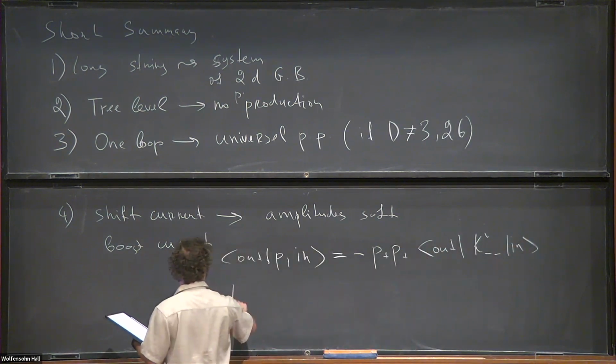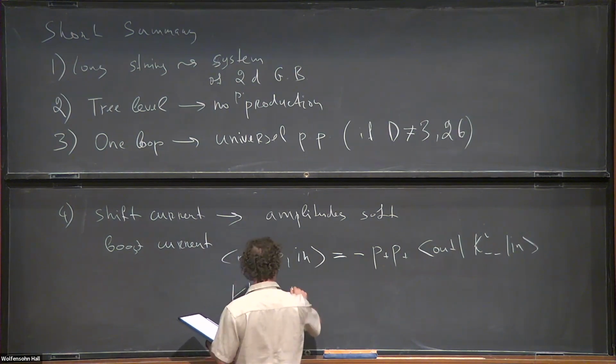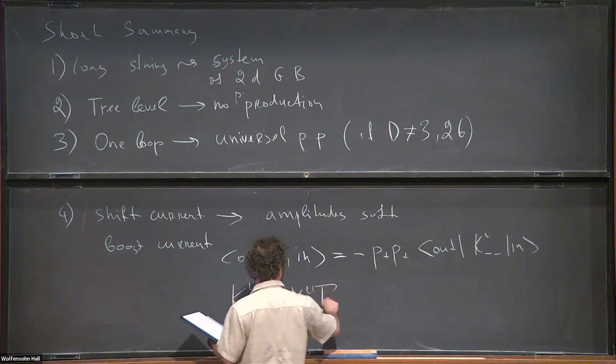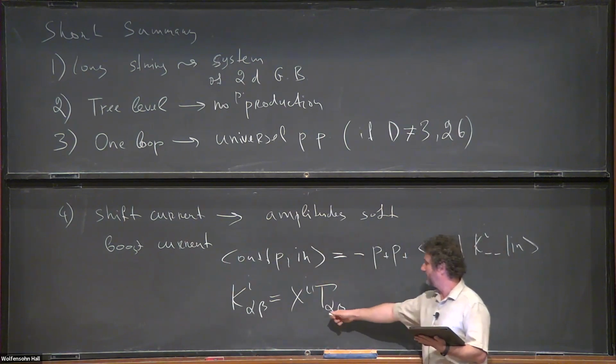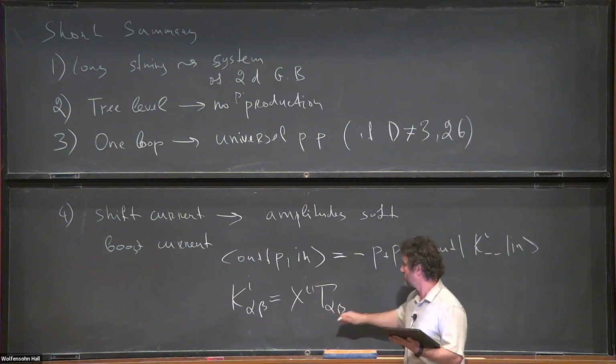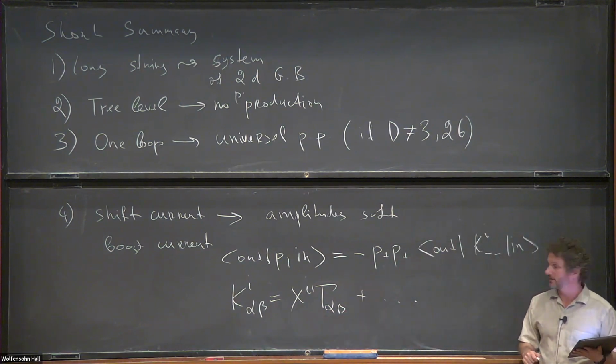So it starts like xi T alpha beta, where this is the energy momentum tensor of D-2 bosons that comes from Nambu-Goto, and plus there are higher order corrections here.